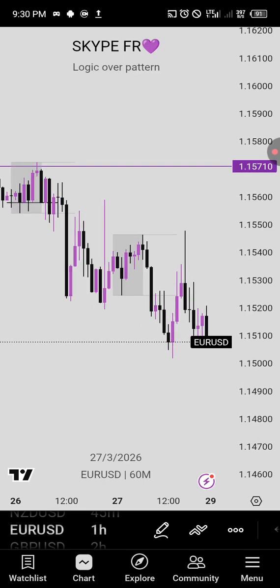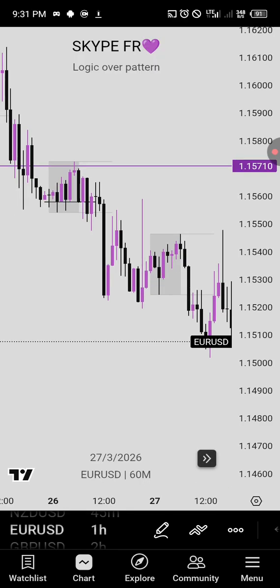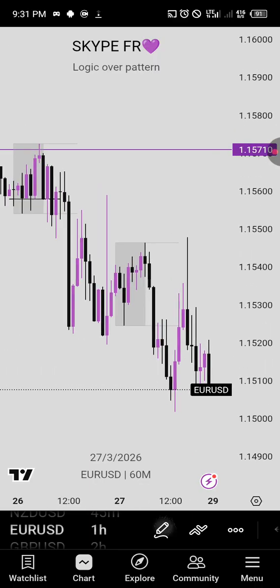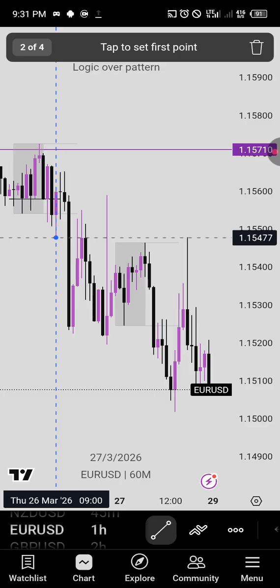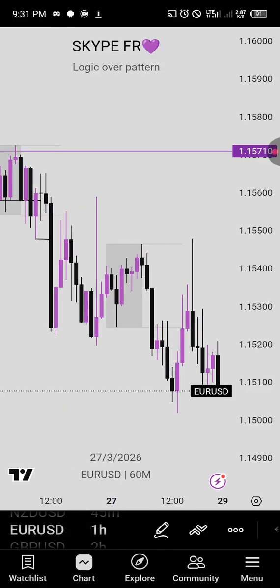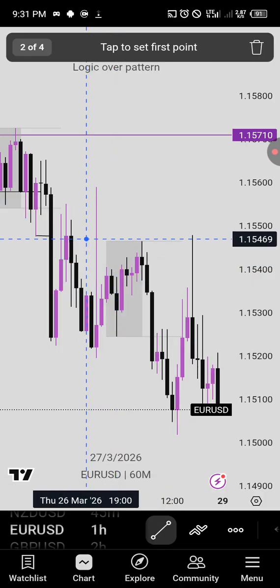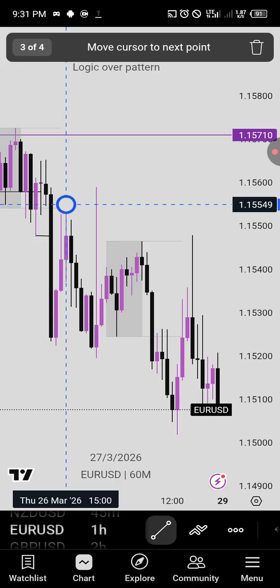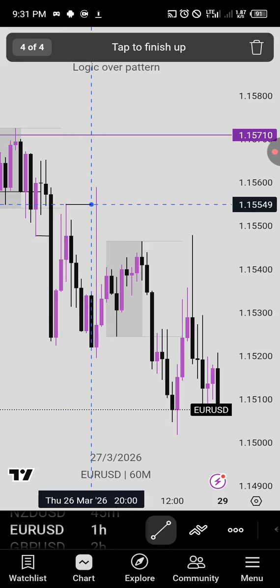Sometimes, not all the time, you might want to scale down for a clearer view. Alright, so now we have our break of structure here, and then we have our inducement here.